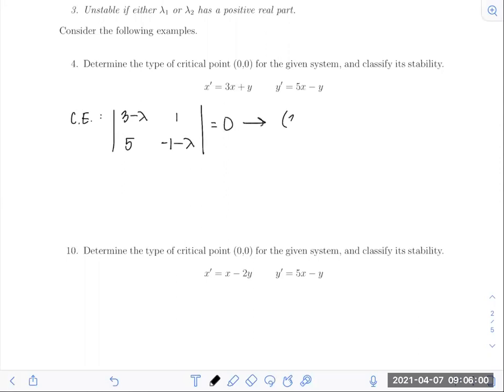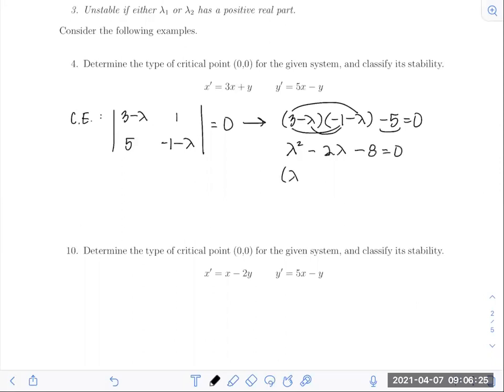So this becomes 3 minus lambda times negative 1 minus lambda, minus 5 equals 0. If we expand this out, we get lambda squared. I have a negative 3 and a positive 1, which gives me a negative 2 lambda. And then I have a negative 3 minus 5, which is a negative 8, equals 0.